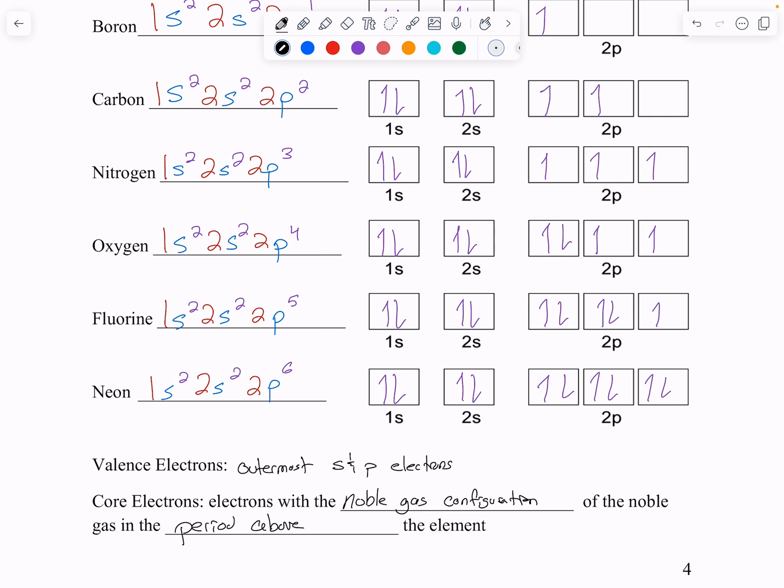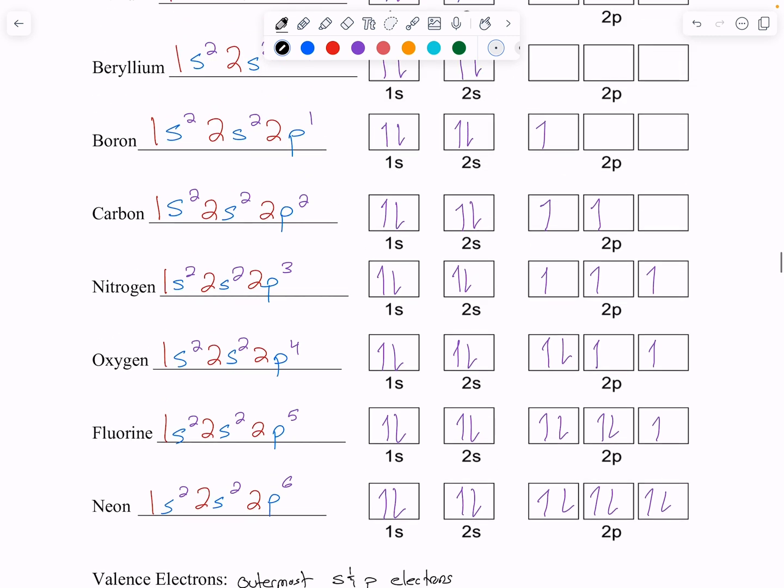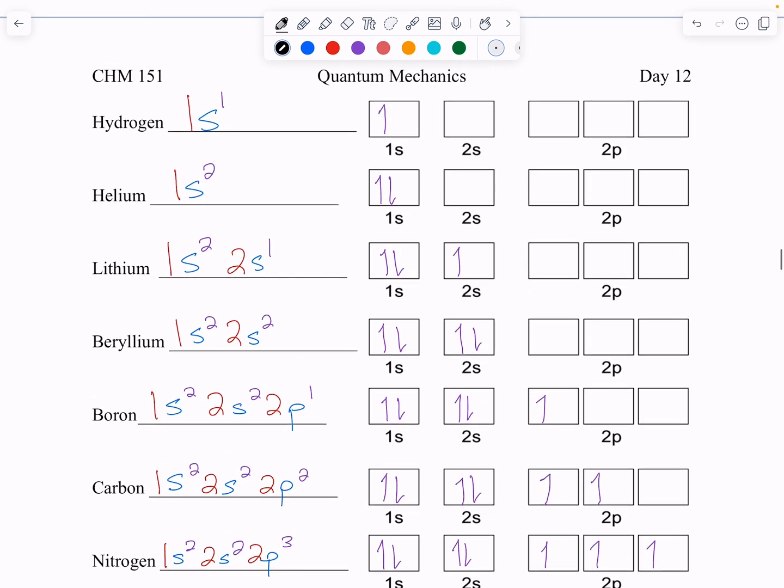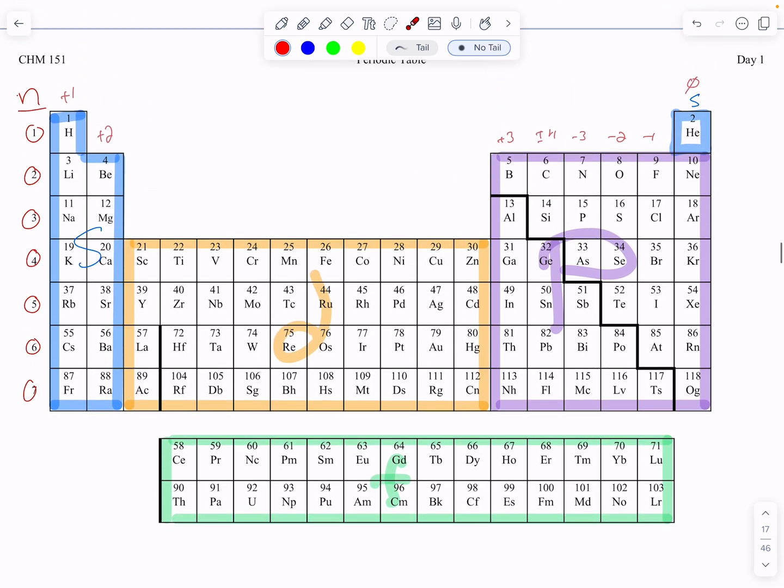All right, and so let's talk about this. Helium is the top noble gas. So hydrogen does not have a noble gas above helium. So hydrogen does not have any core electrons.